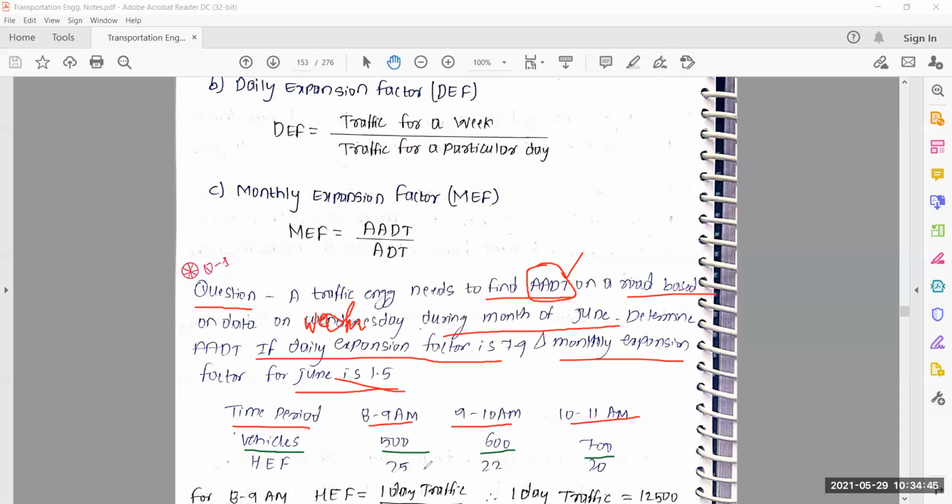And the hourly expansion factors, 25, 22, and 20, are also given. So let's see the solution of this problem.